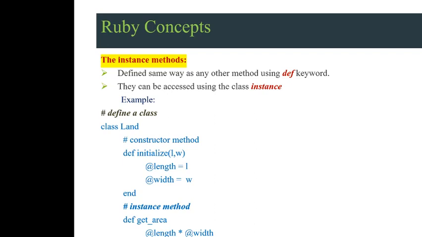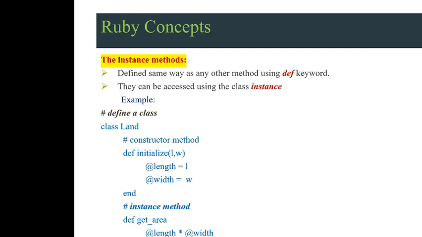Now, let's take a look at an example here, and I'll let you read through it. So we have a class Length. I have defined a class, and everything in between is within the class definition. So what is this? The initialize method, the constructor method.